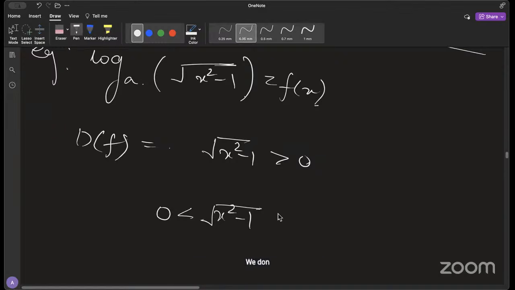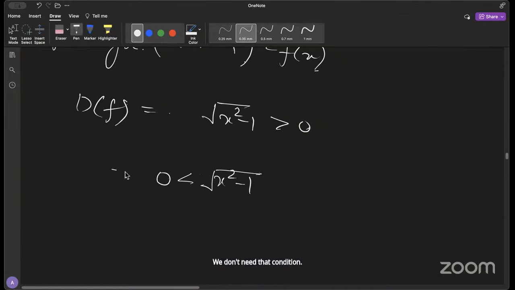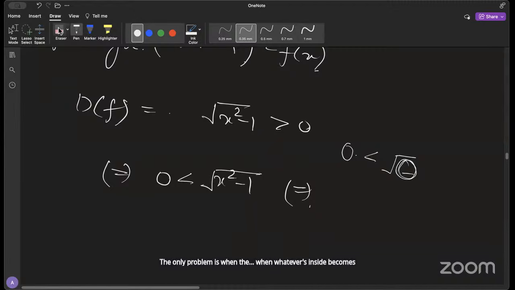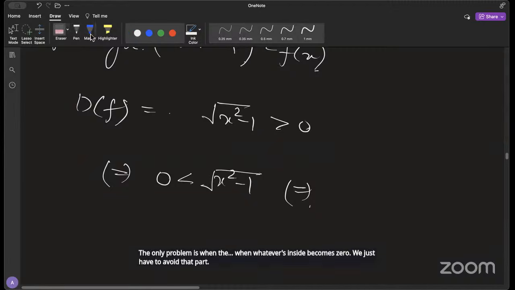We don't need that condition. This is always true, by the way, square root is always greater than 0. The only problem is when whatever's inside becomes 0. We just have to avoid that part.